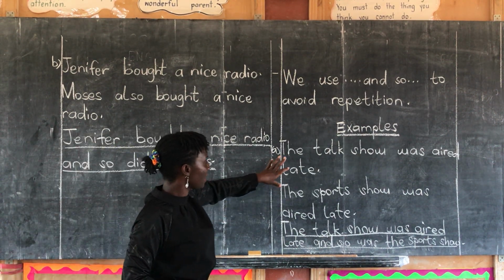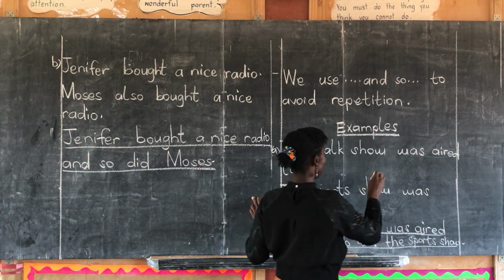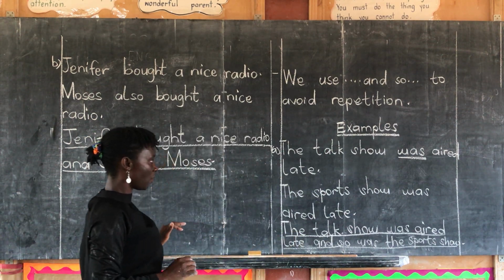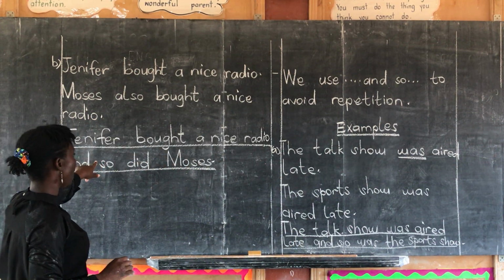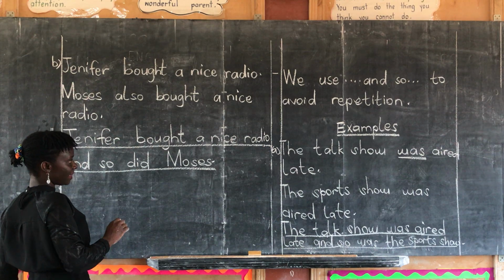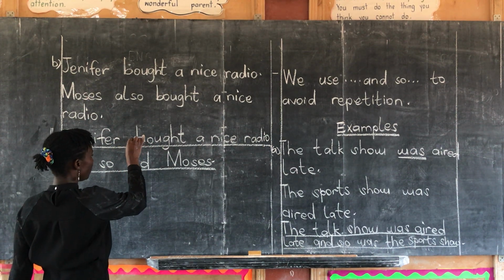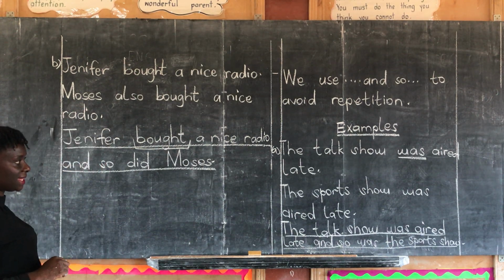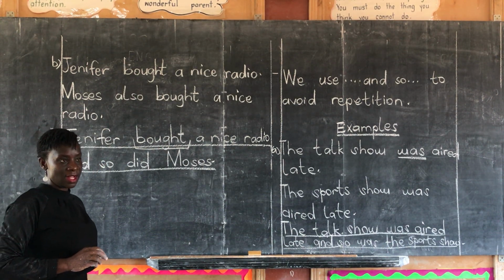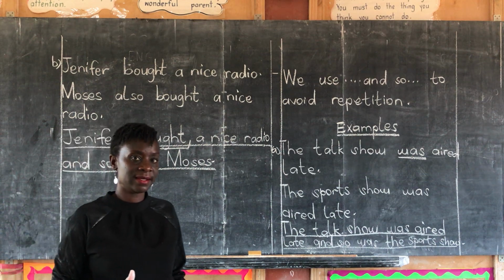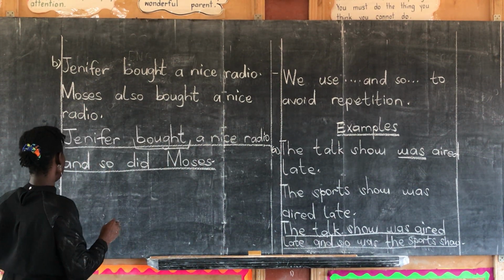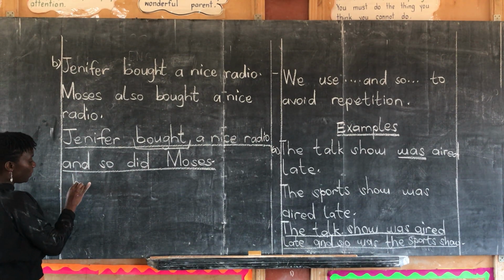Now, there is something that may be bothering you. In this sentence they say, the talk show was aired late. We have the word "was" there. Here we have Jennifer bought a nice radio. We want to look at the verbs in the examples.